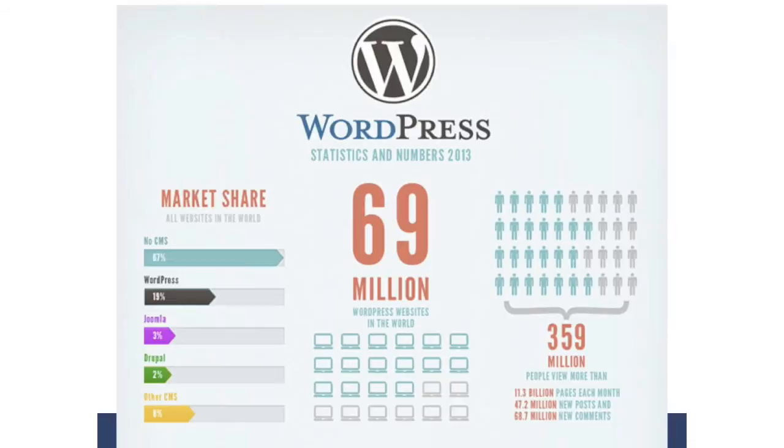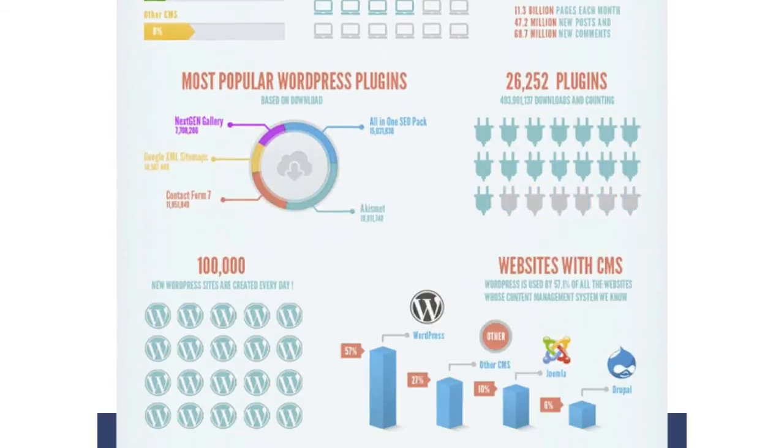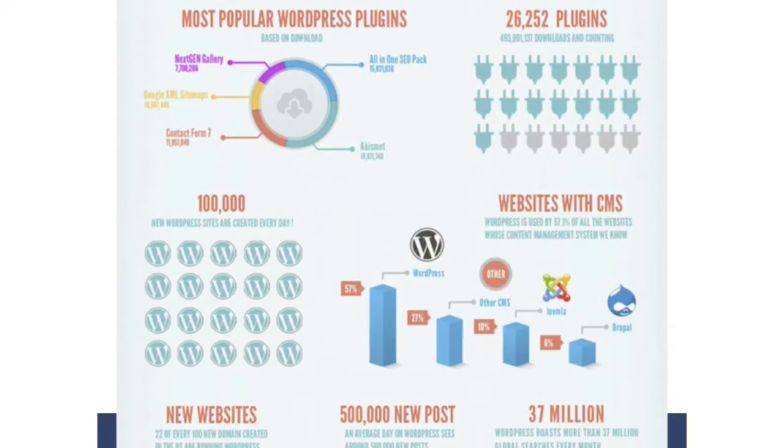Well, how popular is WordPress? Unbelievably popular. It's 69 million WordPress sites as of August 2013. 359 million people on WordPress sites every day. WordPress has an incredible market share, 26,000 plugins, 100,000 new WordPress sites created every day.